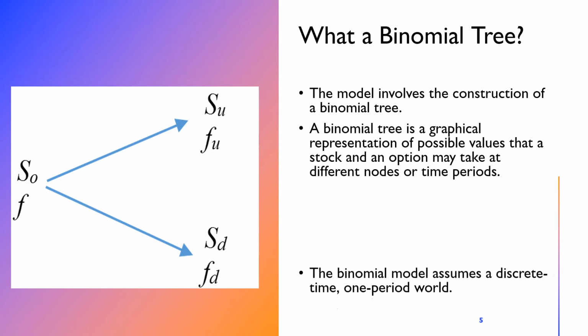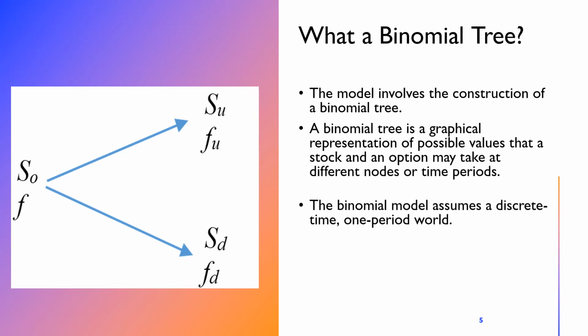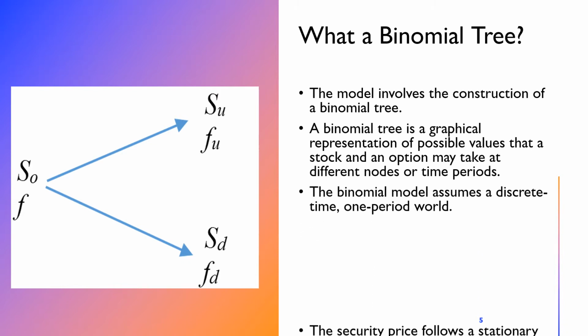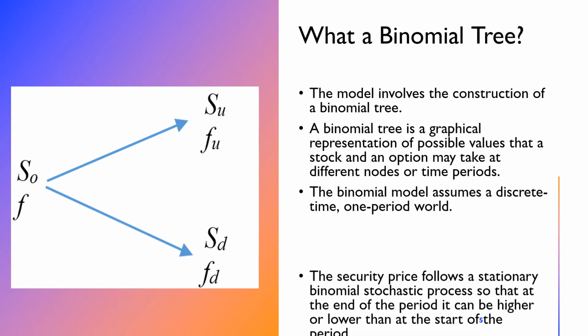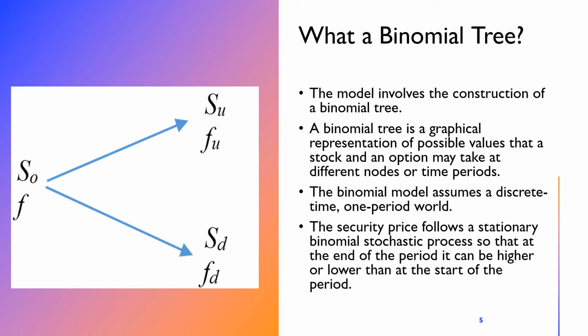The binomial model assumes a discrete time, one period world, in which the security price follows a stationary binomial stochastic process, so that at the end of the period it can be higher or lower than at the start of the period. This means the underlying security prices can only either increase or decrease with time until the option expires worthless.